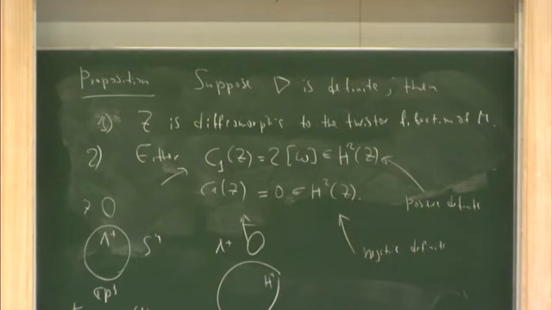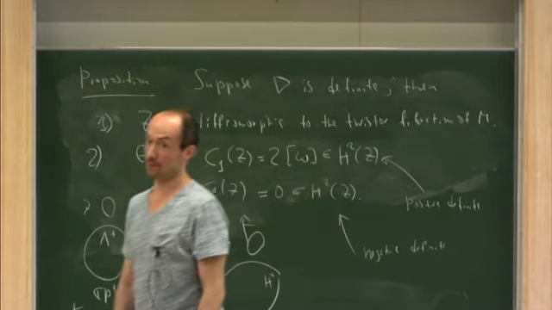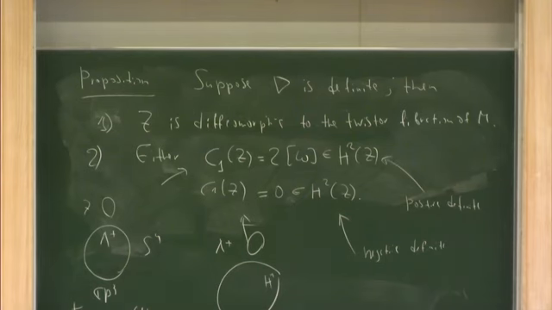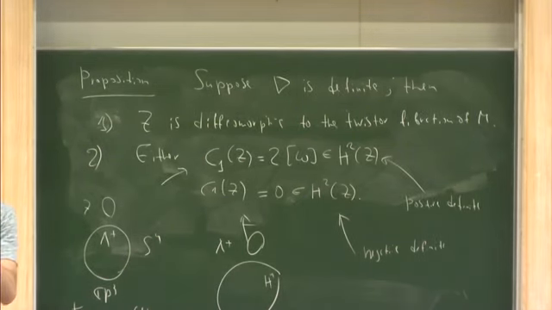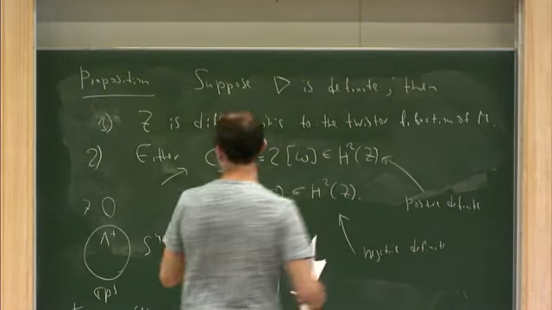What's the map from CP3 to S4? It's a very nice map. It's a generalization of the Hopf fibration. It's really cool.